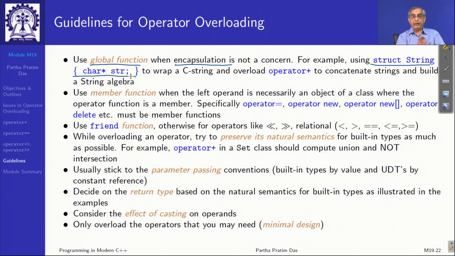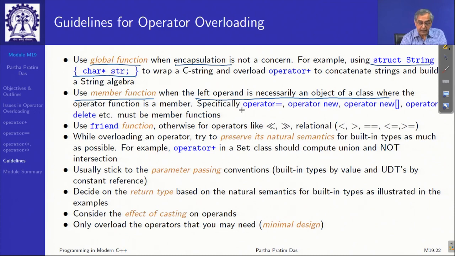Then you can just use a global function to keep things simple. You will have to use a member function when the left operand is necessarily an object of the same class for which you are overloading the operator.